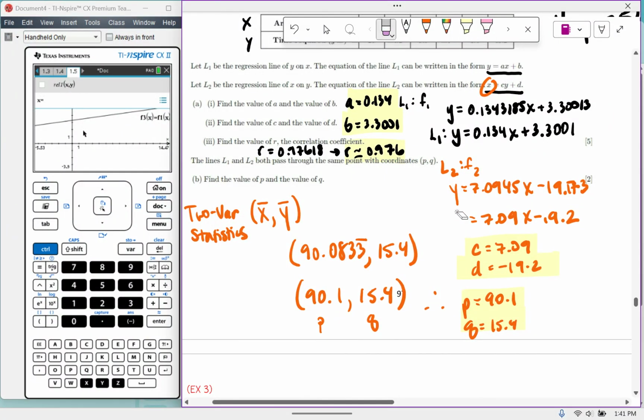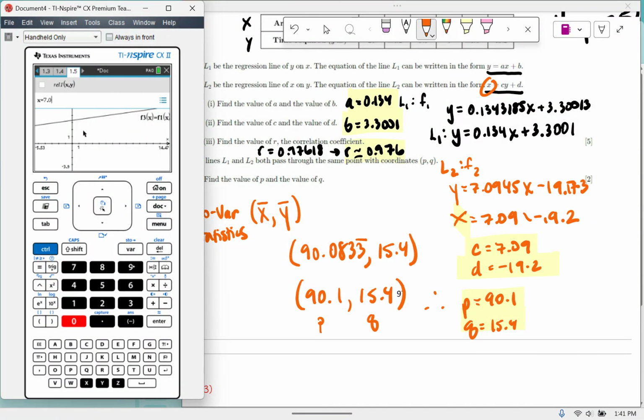Oh, so this guy should be x equals. And this guy should be y equals, okay? All right. So we've got x equals 7.09, y minus 19.2. All right.